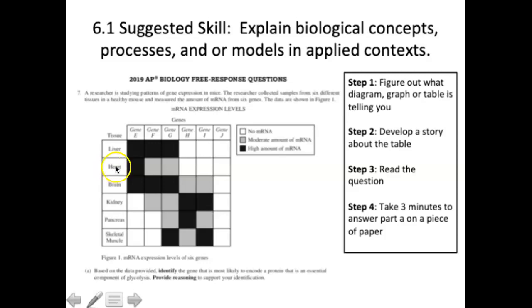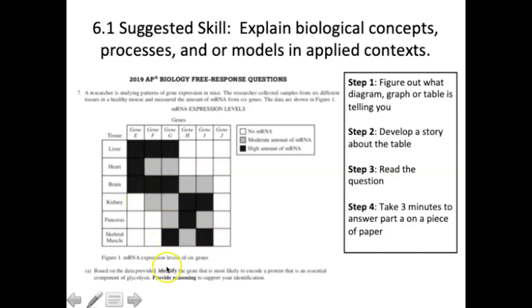Then heart tissue: this gene is expressed in high amounts, and these 2 in moderate amounts, and then these not at all. Brain tissue, and you can go on and see. So what I want you to do is analyze this and notice if you can see any patterns, anything at all.